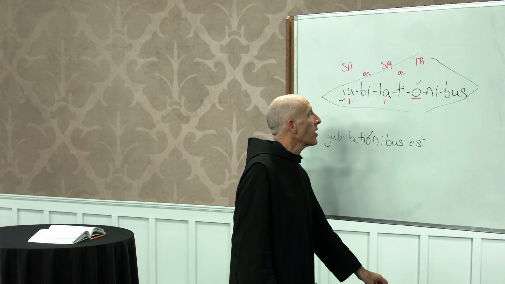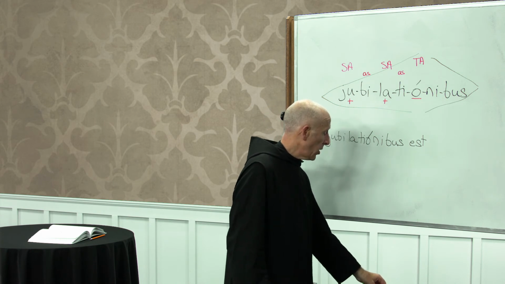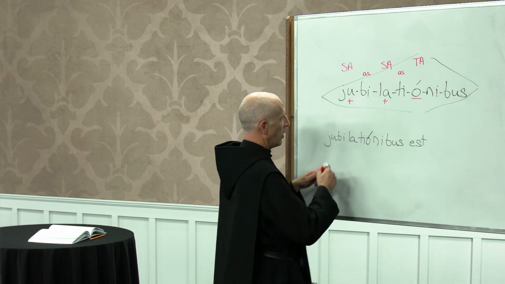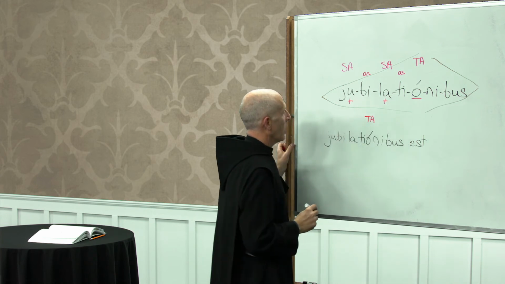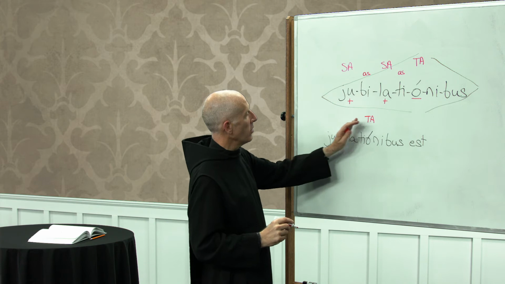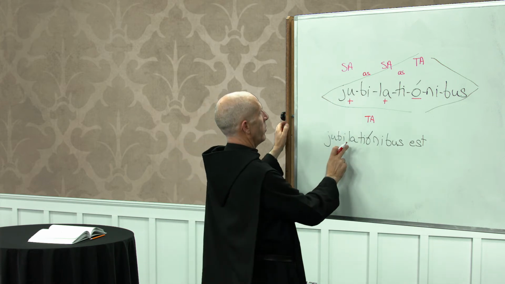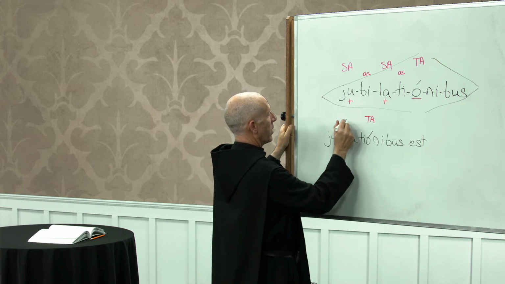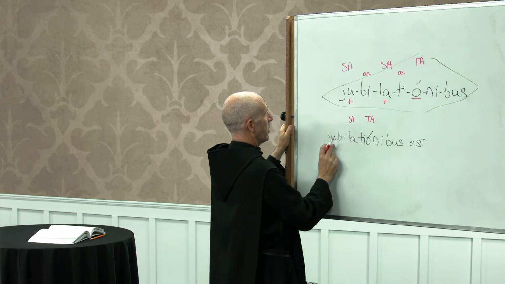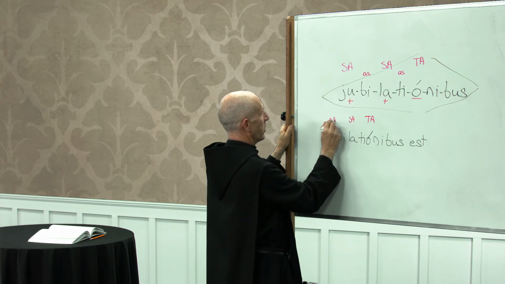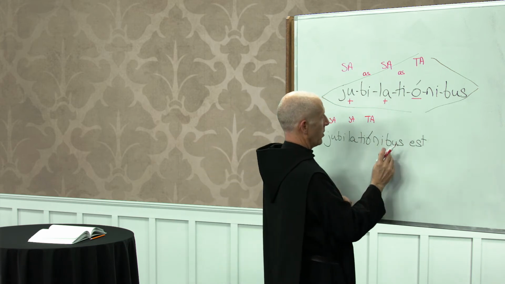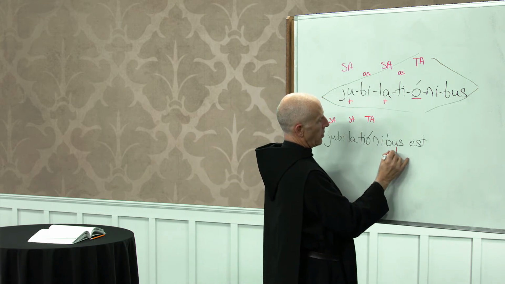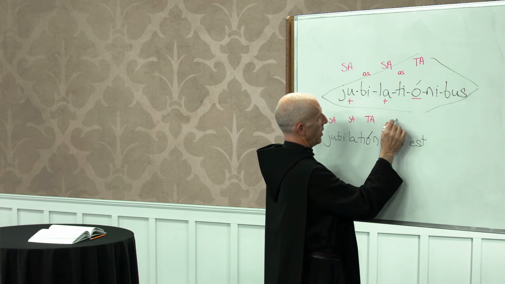How does that affect the accentuation? Well, we still have a tonic accent here. And that doesn't change anything before the tonic accent. You're still going to have a secondary accent here and a secondary accent here. However, this syllable is going to take on the character of a secondary accent.